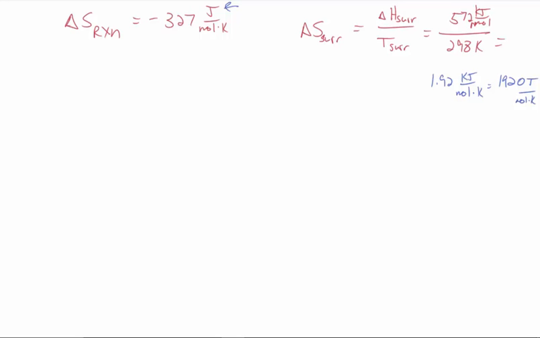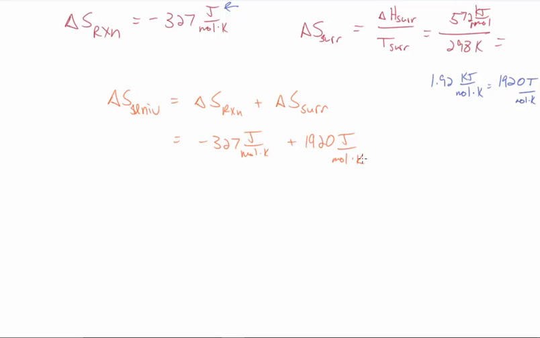So now we get back into the delta S of my universe, which is the one that actually determines spontaneity, is equal to the entropy change of my reaction plus the entropy change of my surroundings. When we plug in these values, we see that the overall entropy of the universe is going to go up.